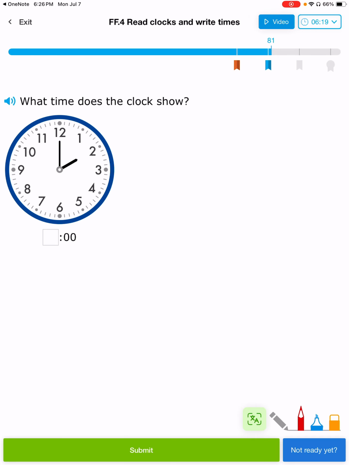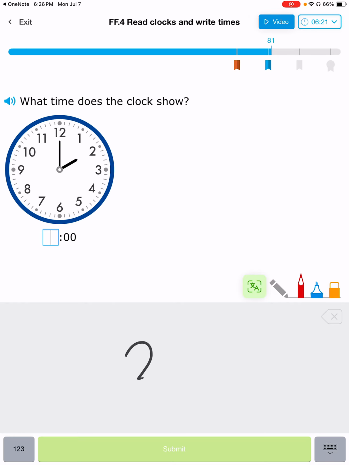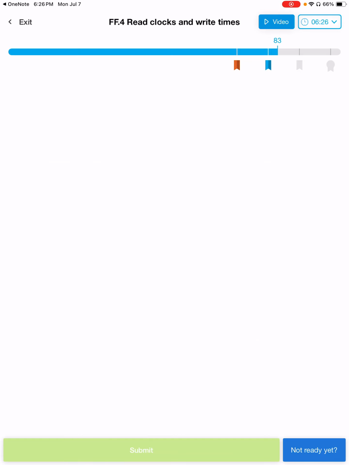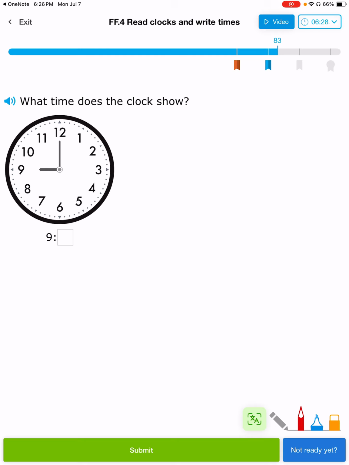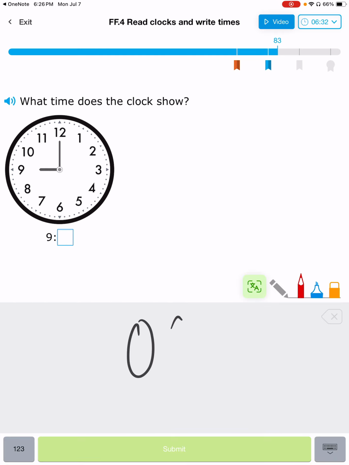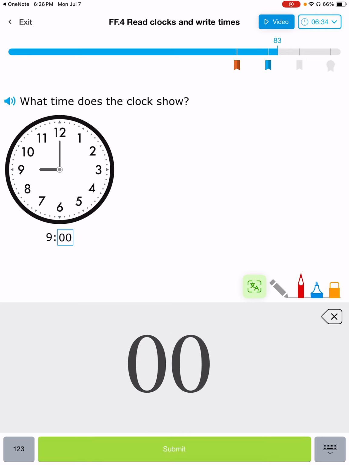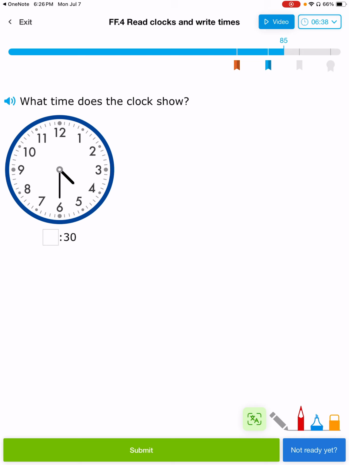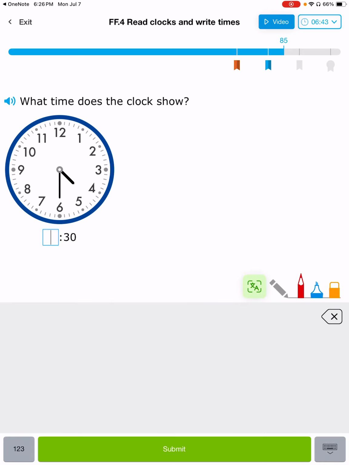What time does the clock show? It is 2 o'clock. What time does the clock show? It is 9 o'clock. What time does the clock show? It is past 4, in between 4 and 5, so it is 4:30.